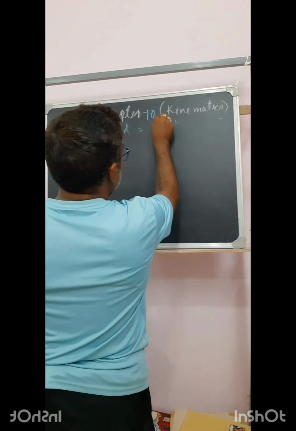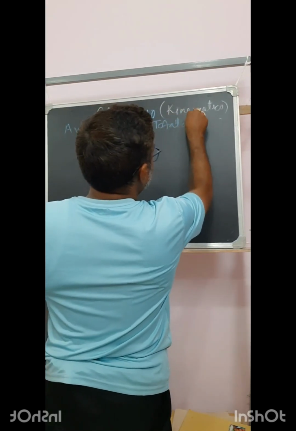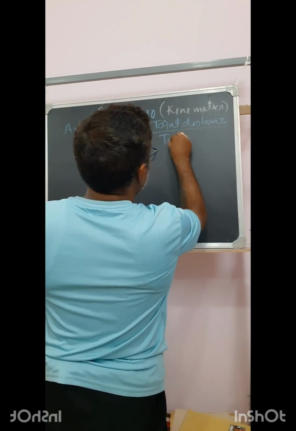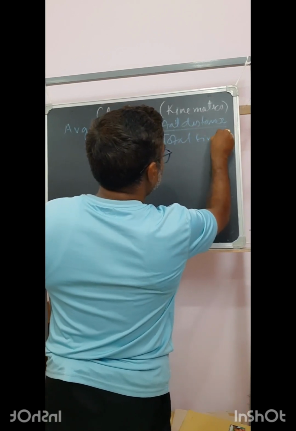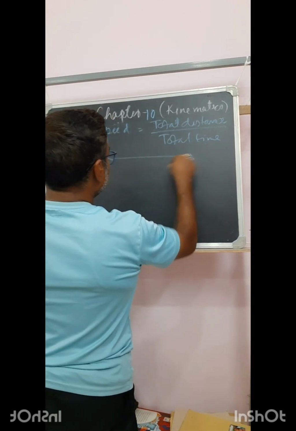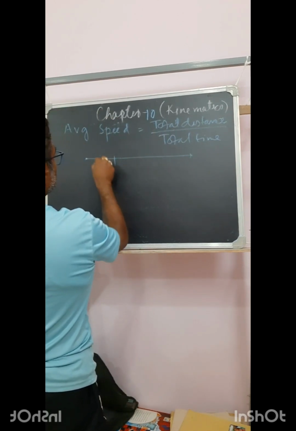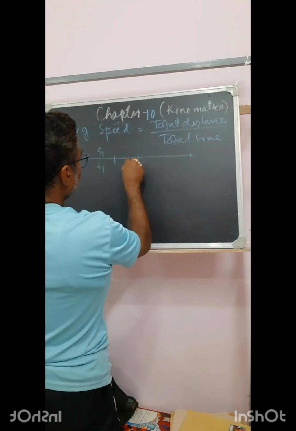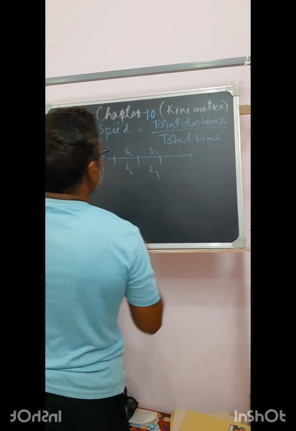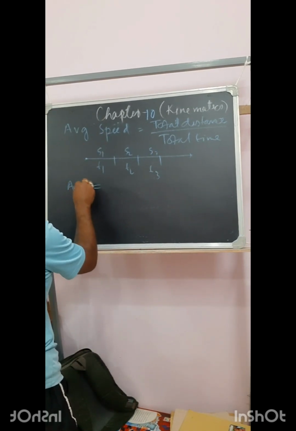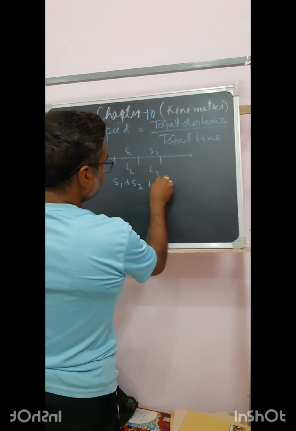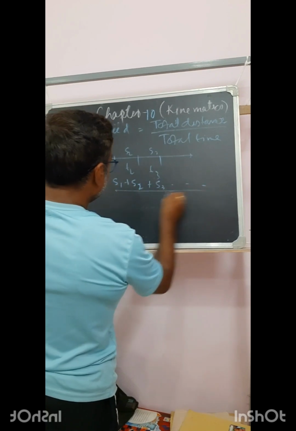The average speed is the total distance divided by total time. So if any object or person is moving along a straight line, and in t1 time moves s1, in t2 time moves s2, in t3 time moves s3, and so on, then the average speed would be the total distance moved divided by the total time.